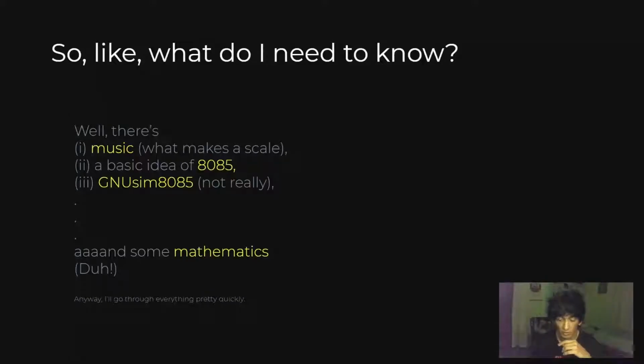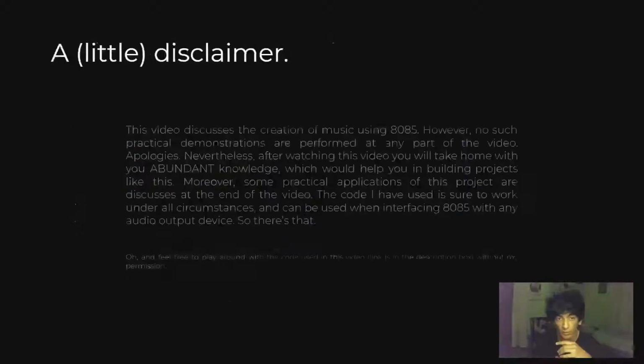I'll explain in this video if you have no idea, but you need to know a little bit because we'll be coding in 8085. And third, we'll be using GNU Sim 8085, which is a simulator for the 8085 microprocessor. It's okay if you don't know how to run that because it's quite frankly not that difficult. These are the contents of this presentation.